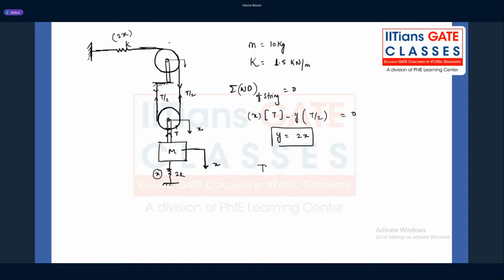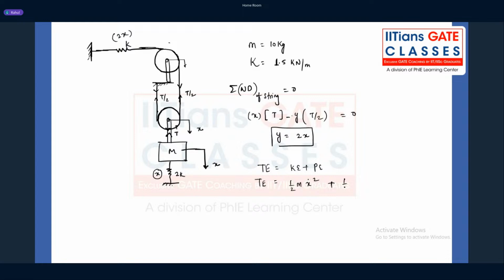First of all, find the total energy, which is equal to kinetic energy plus potential energy. Kinetic energy is half of m v square, which is nothing but x dot square. The potential energy will obviously be offered by the spring force.